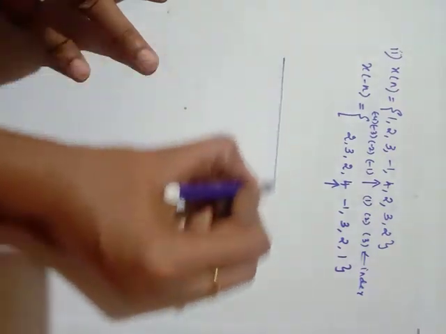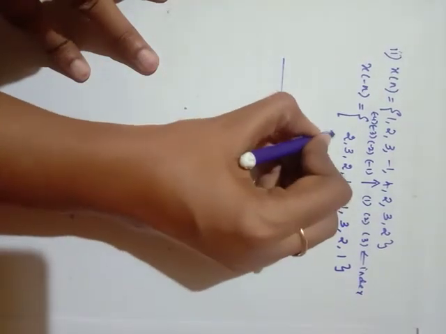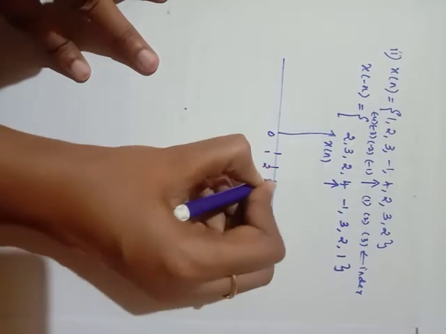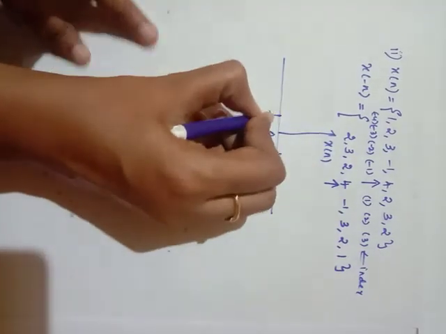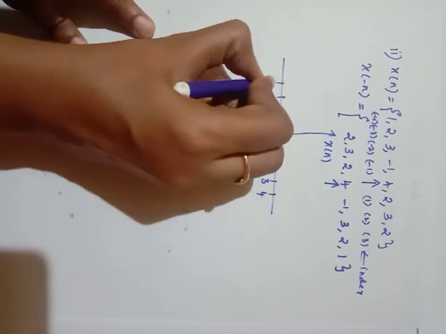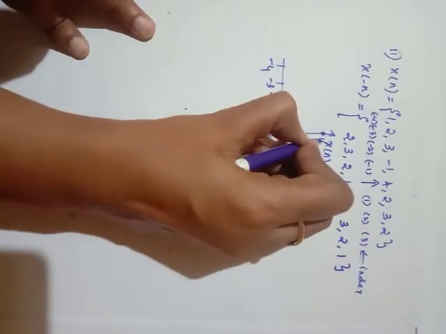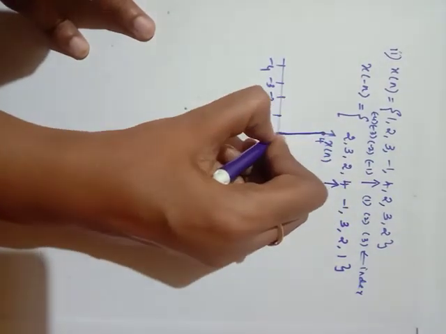Now I need to plot this sequence. Okay, so first I am going to plot x of n. So origin, 1, 2, 3, 4. Here minus 1, minus 2, minus 3, minus 4. So origin value is 4. Okay, just I am plotting 4 here at the origin.